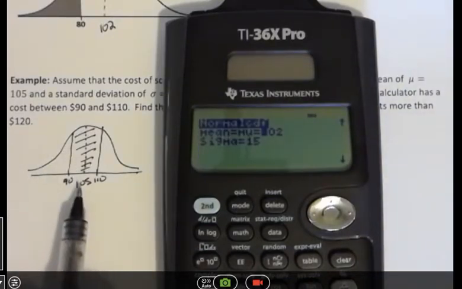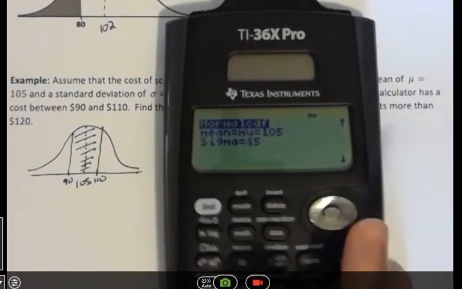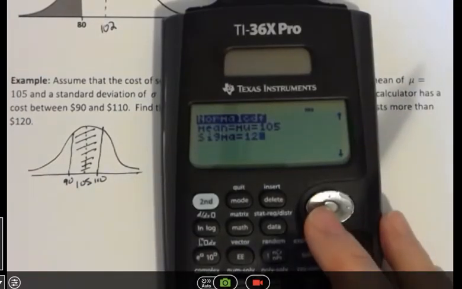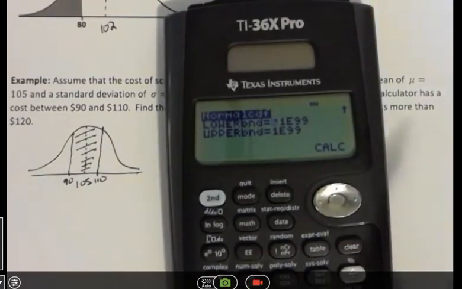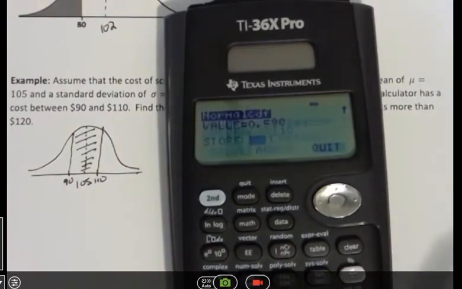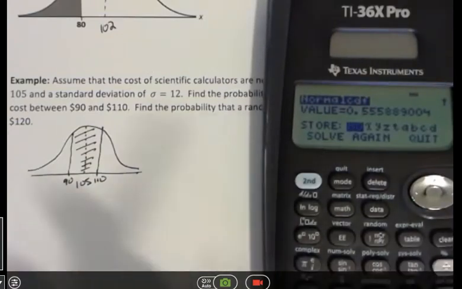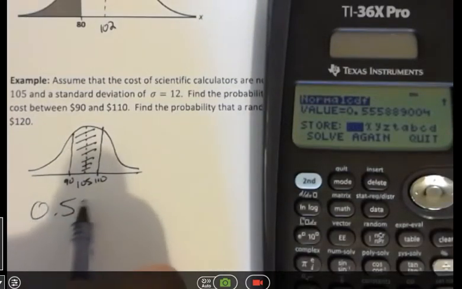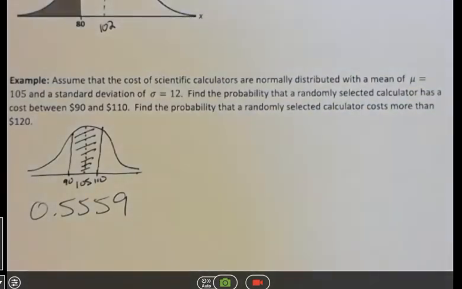My mean was 105 in this problem, and my standard deviation was 12. And then my lower bound is 90, and my upper bound is 110. And that's going to give me an area of 0.5559, rounded to 4 places.